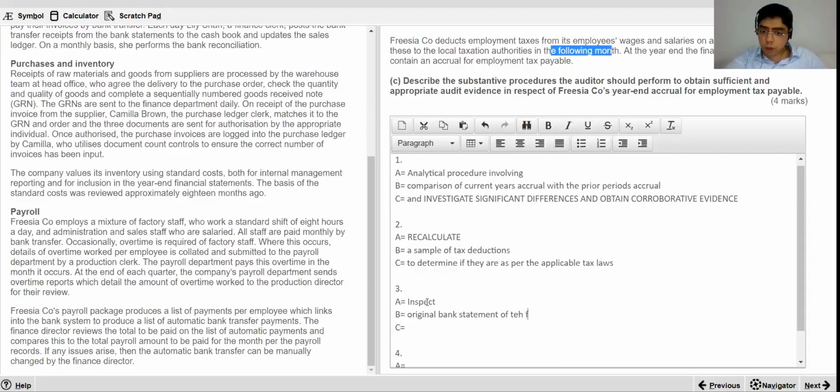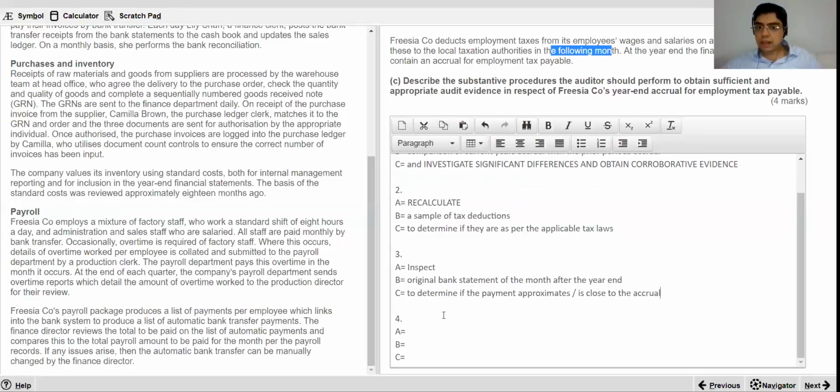Of the following month, or the month after the year end, to determine if the payment approximates or is close to the accrual. That could give you comfort that the accrual has been appropriately calculated or determined.